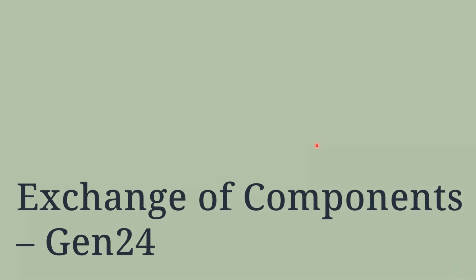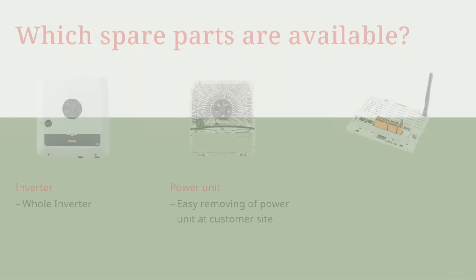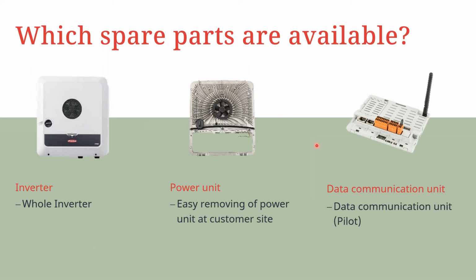So let's have a look at the exchange process for the Gen 24. The Gen 24, which is a more compact inverter, mainly consists of three main parts, I would say. You have the whole inverter, the power unit, and then the data communication unit, or better still called the pilot.